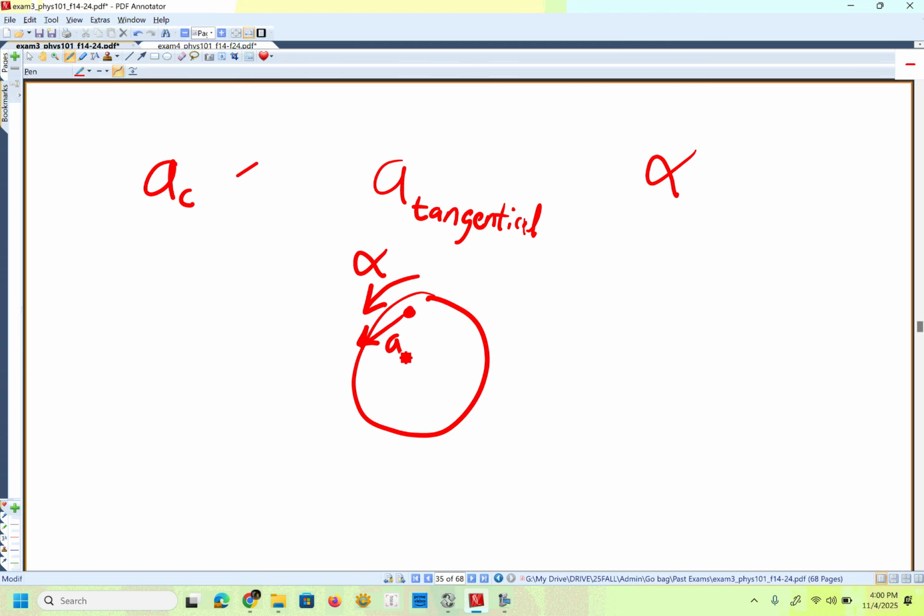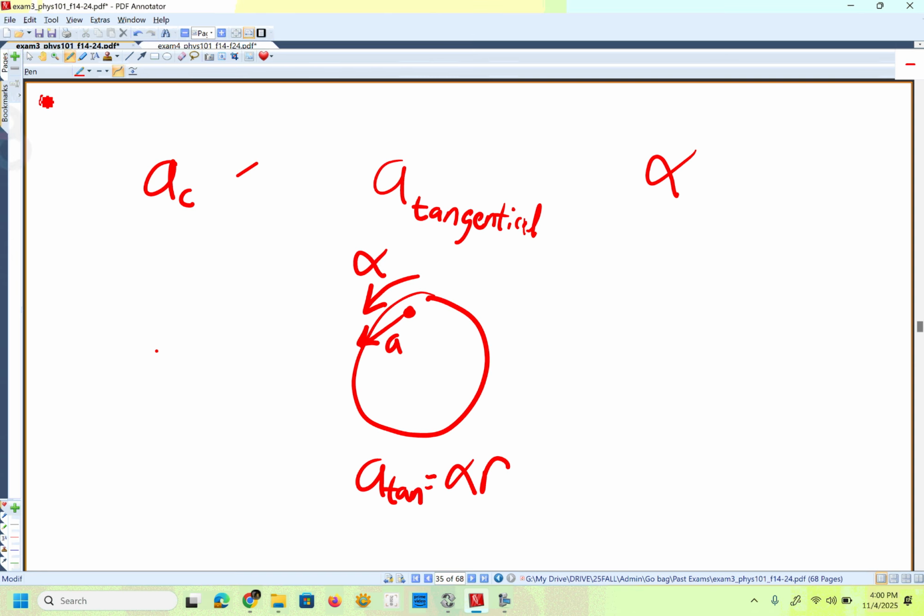Now that tangential acceleration, if you recall, is equal to alpha times r. We don't usually use that very much, but sometimes I'll ask explicitly, what is the tangential acceleration? And it's just alpha times r, the angular acceleration times the radius.